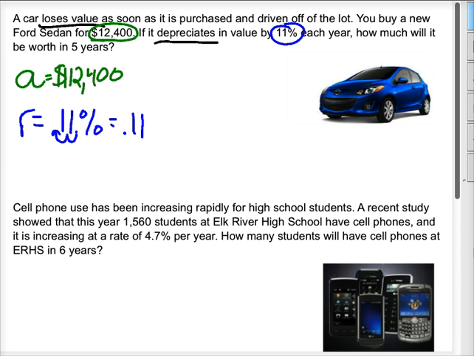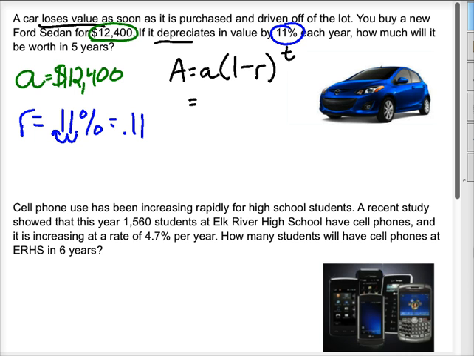Excellent. So now I know that I'm going to be using my decay equation. Oh, I'm sorry. I began writing that wrong. So our A of t is going to be A times 1 minus R to the t power.